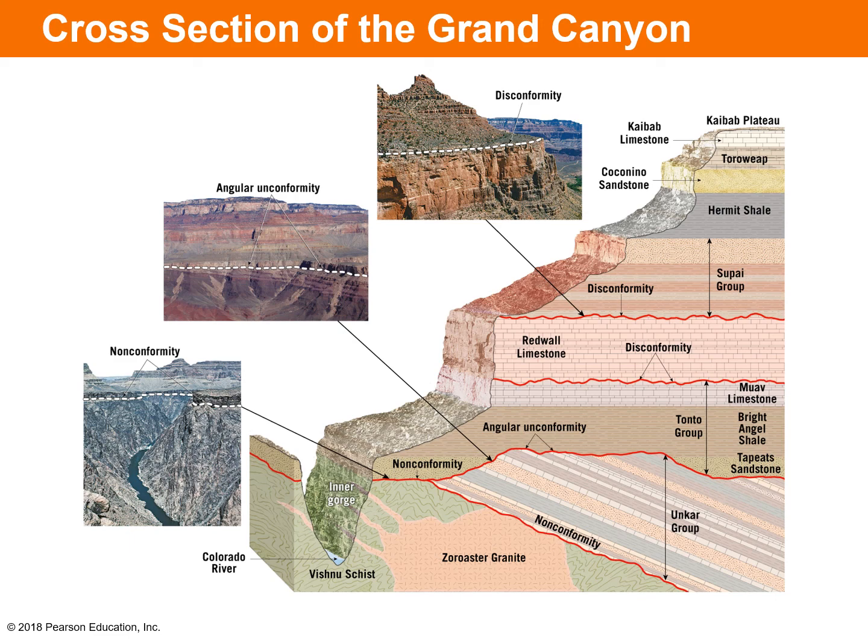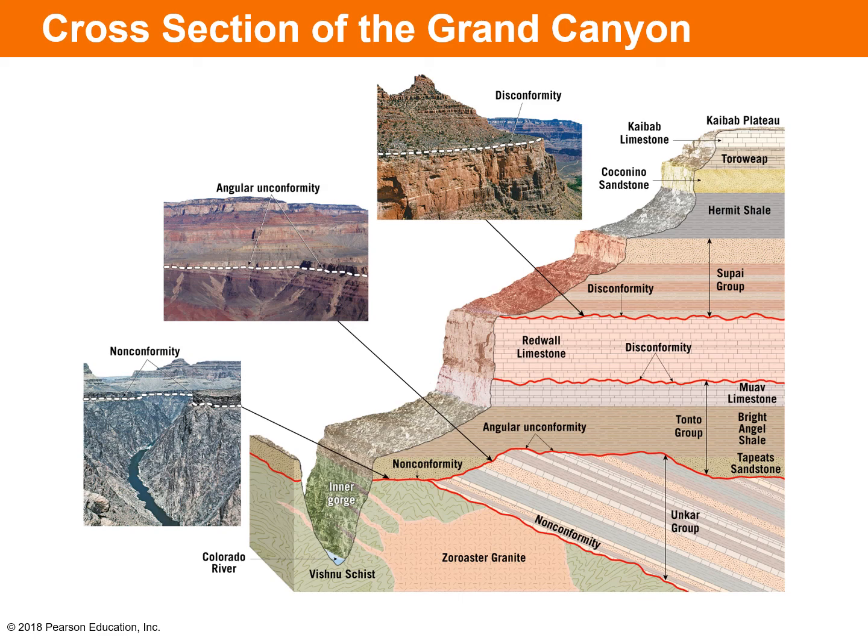And then above that, you have the Tapeats Sandstone and the Bright Angel Shale, which are sedimentary rocks. And you have a nonconformity there where you had a period of erosion of the Vishnu Schist, followed by deposition of the Tapeats Sandstone.